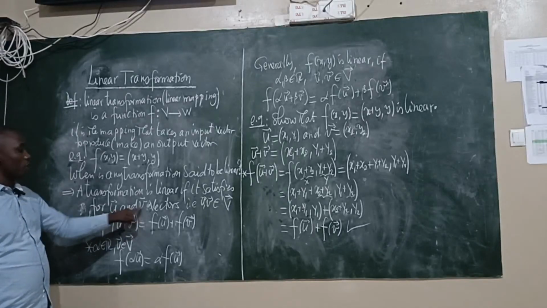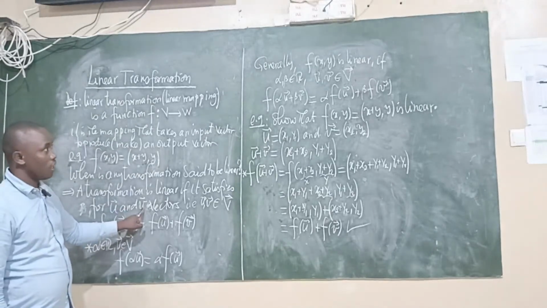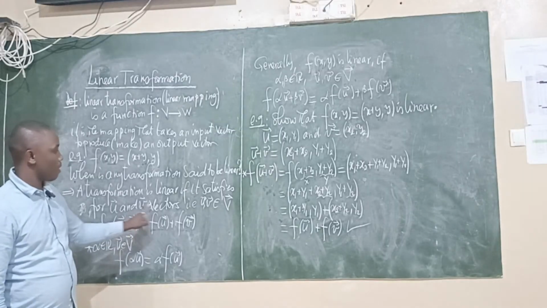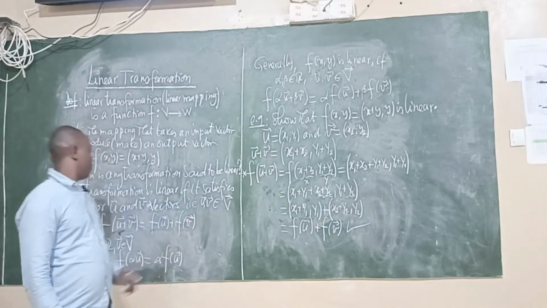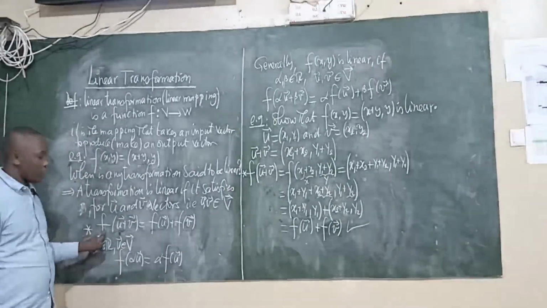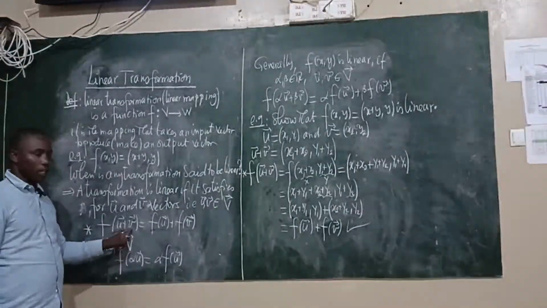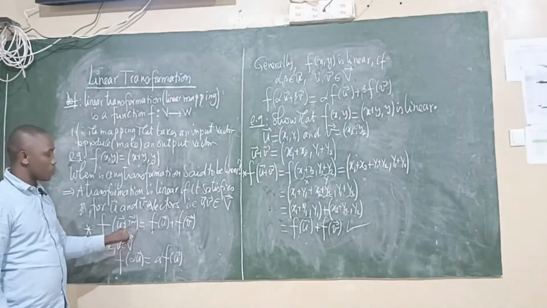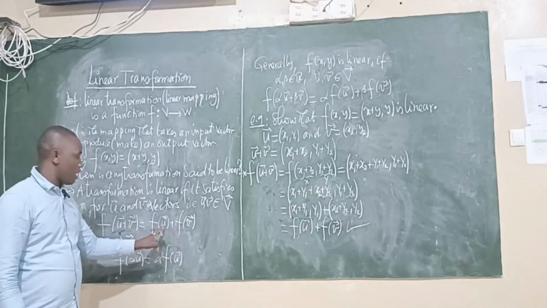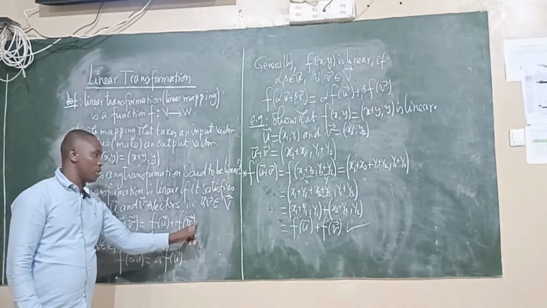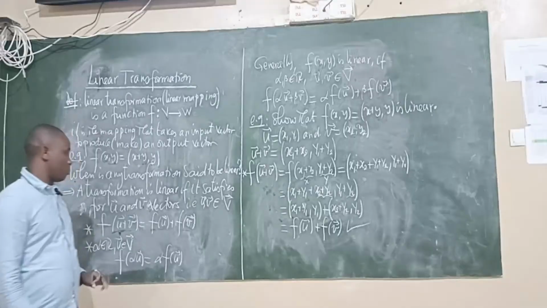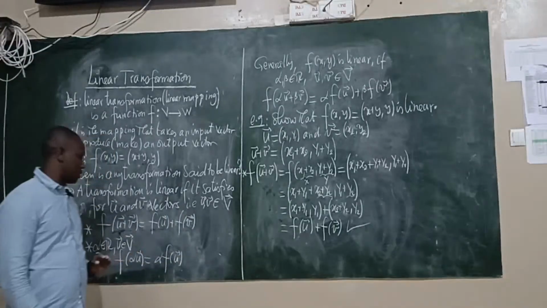Here we have two vectors u and v, which are vectors of vector space V. Now, if taking the function of u plus v, when it is split into f of u plus f of v, that property 1 is verified.